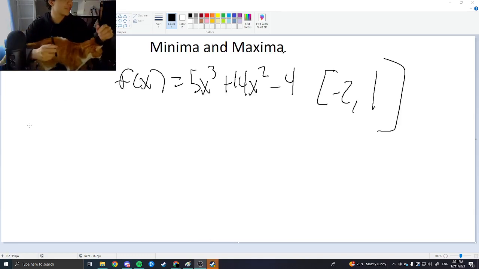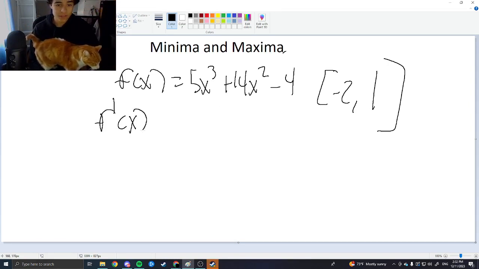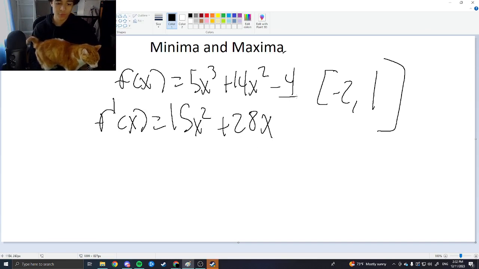For our last example, let's say we have the function f of x equals 5x cubed plus 14x squared minus 4 on the interval -2 to 1. And we're trying to find the absolute maximum and minimum on this interval. First thing we have to do, as always, is find the critical points. So f prime of x equals 15x squared plus 28x. The 4 goes away.